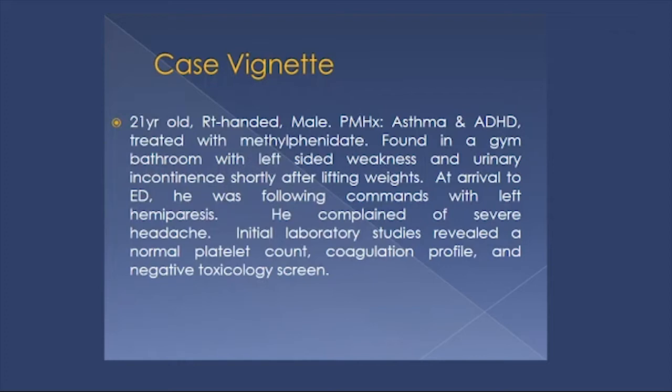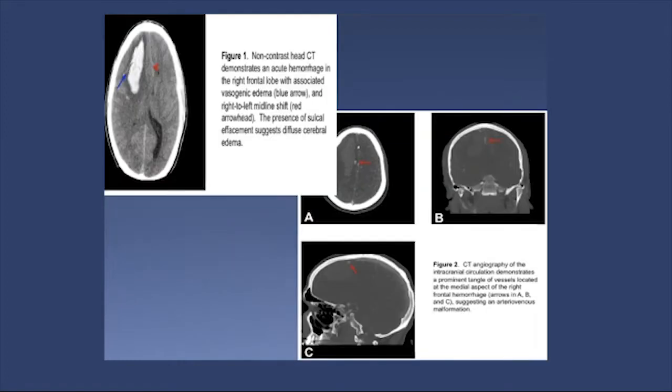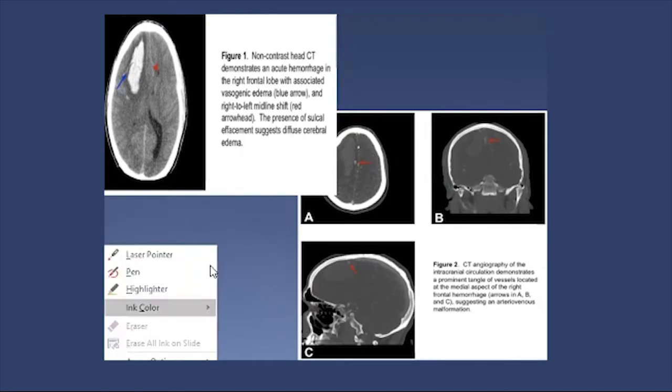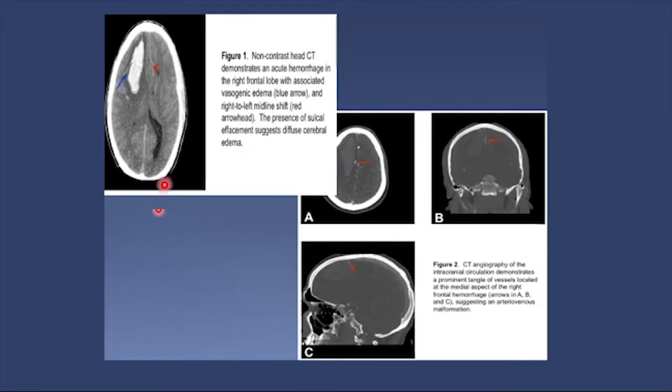So, a young male with no clear risk factor who is coming with an acute onset left hemiparesis. This is his CT scan.